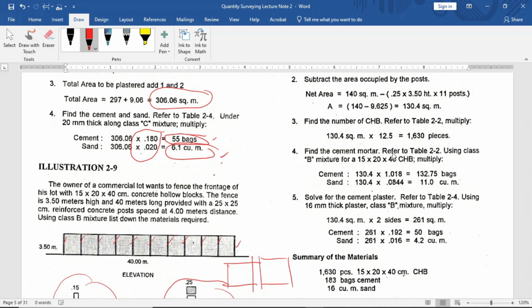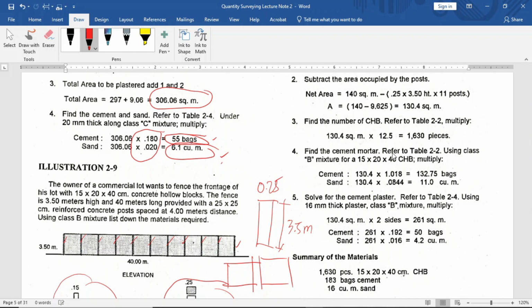140 square meters minus 0.25 meters times 3.5. Kasi ito yung area, ang height natin, column. Ito yung isang column is 0.25, tapos ang height is 3.5 meters.